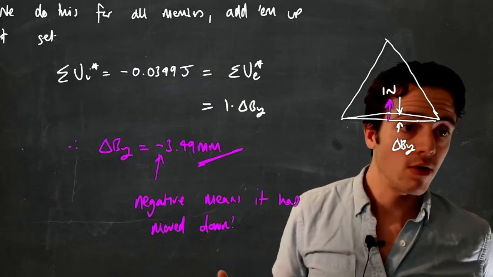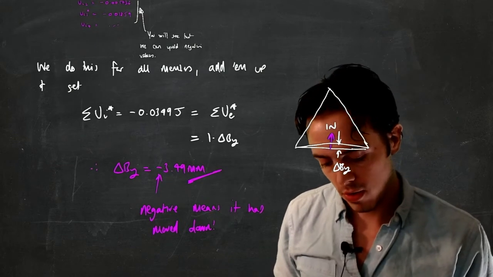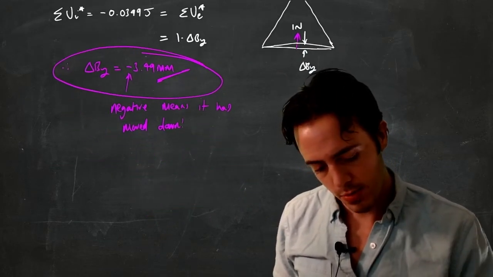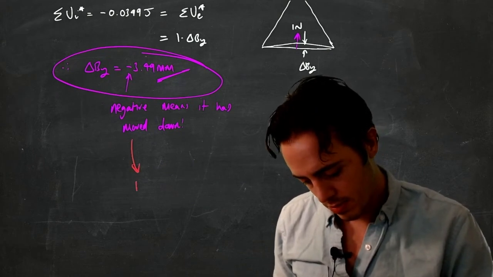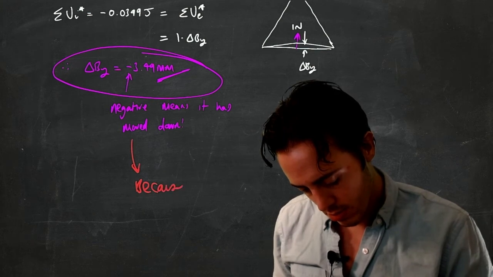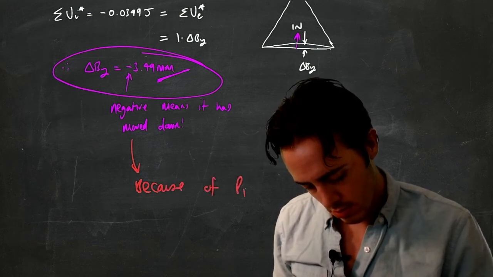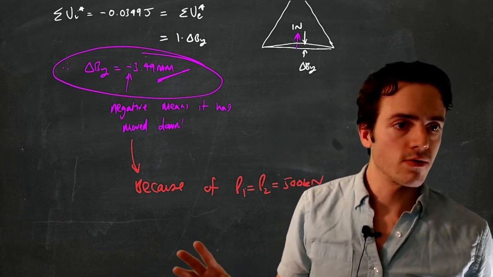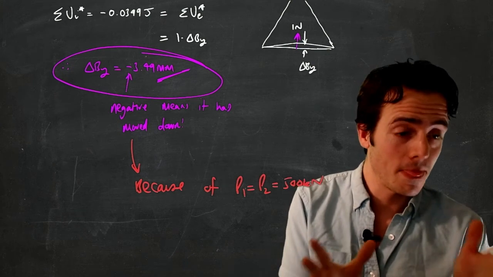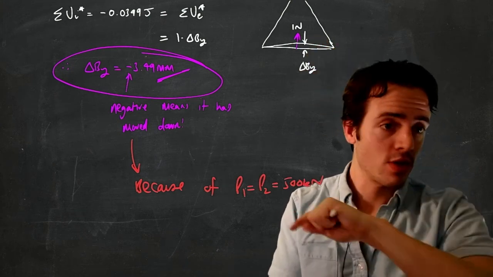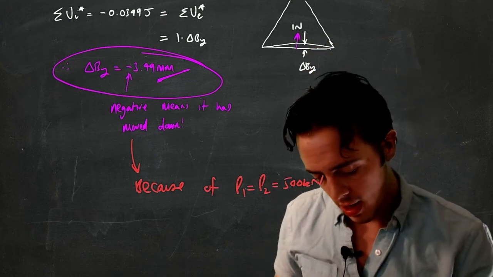So what we've done here is a really powerful procedure to talk about how this structure moves. Now this amount that it's moved down is because of P1 and P2. It's nothing to do with that 1 Newton force that we applied. That was just a placeholder, and it enabled us to relate this deformation to the energy stored within the structure.